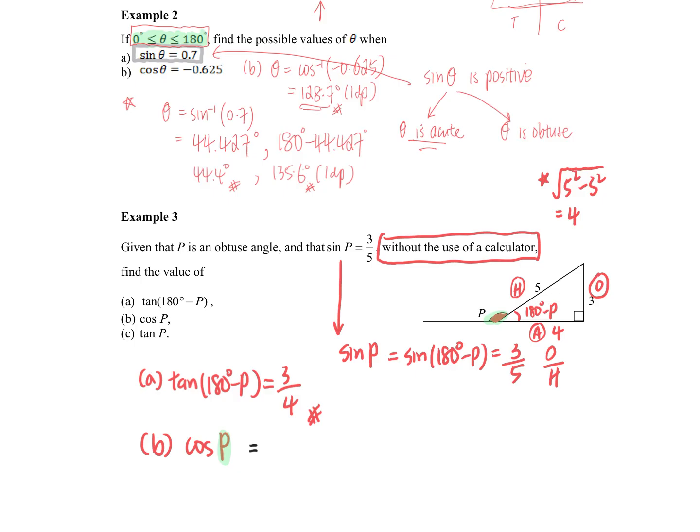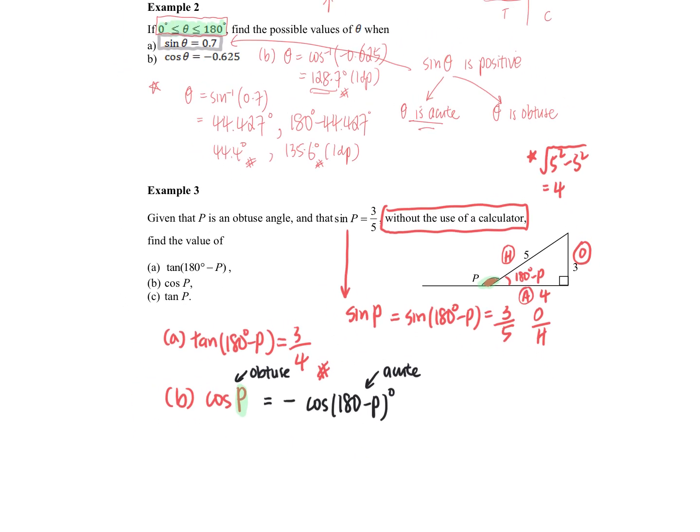So cosine P is negative cosine of 180 minus P, because this is acute and this is the obtuse one. So just now we established that the obtuse one is the negative of the acute. So how to find the cosine ratio? What is cosine? A over H. So A is 4, H is 5. So just with the negative sign. So it's the same way as how you find it originally, but just add a negative sign.